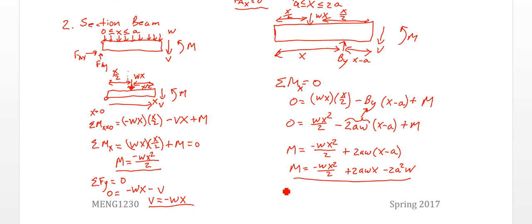And then finally, the sum of the forces in y equals 0. I think I can squeeze that in here. So 0 equals negative Wx plus By, which is 2aW, and that's positive, plus V equals, what do we have, Wx minus 2aW.